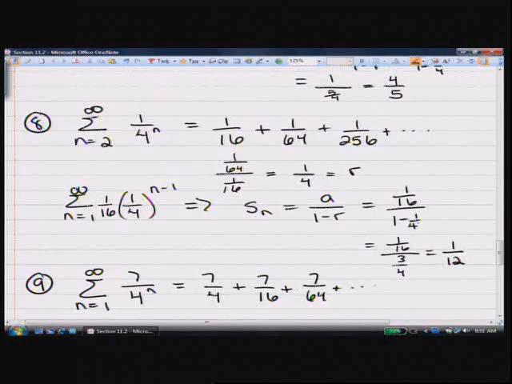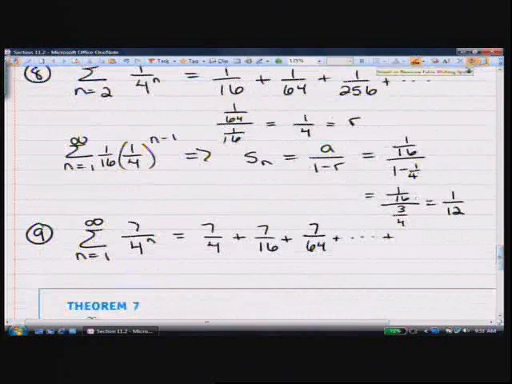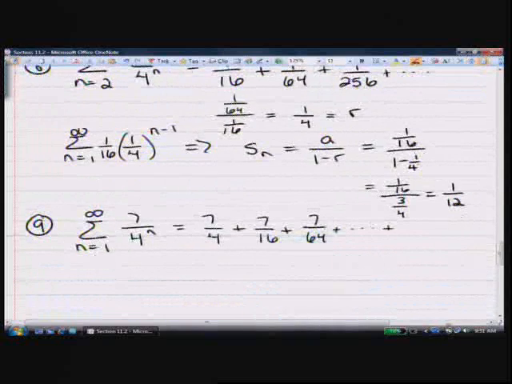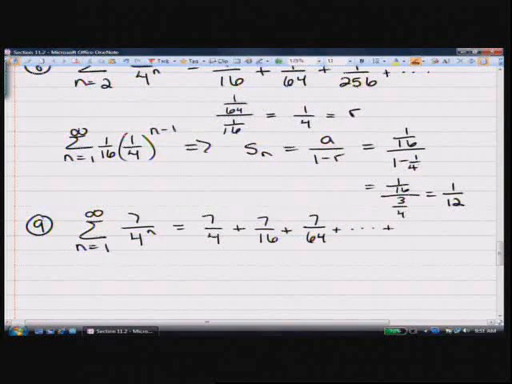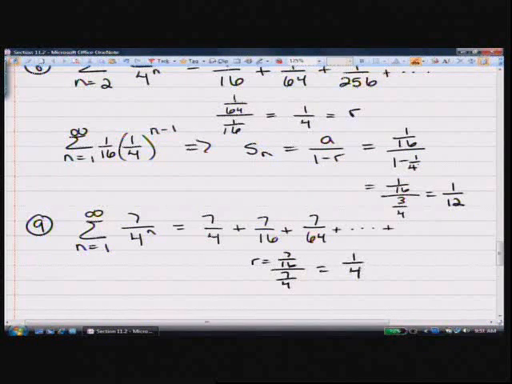This seems to be their favorite R. Okay, and so we continue on. So what does it seem like your R is? If you divide 7/16 by 7/4, you get, again, R is 1/4.